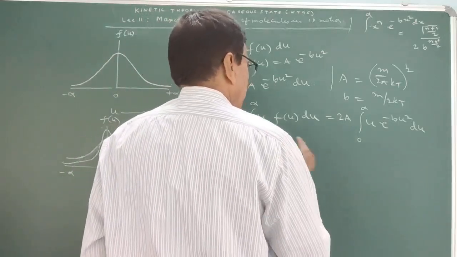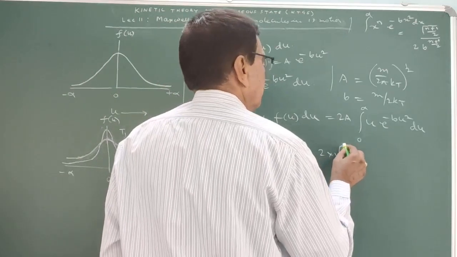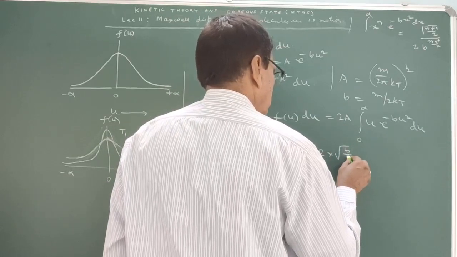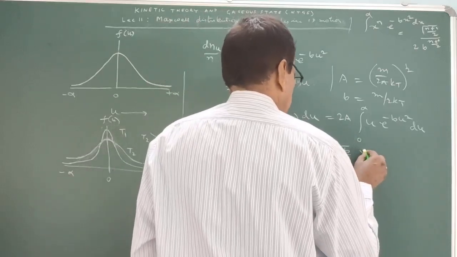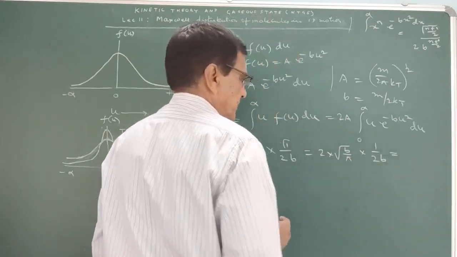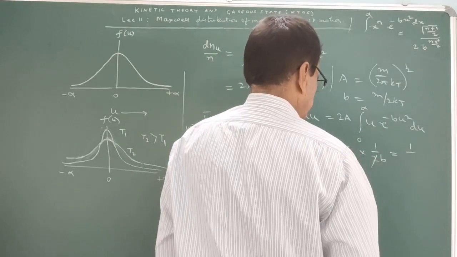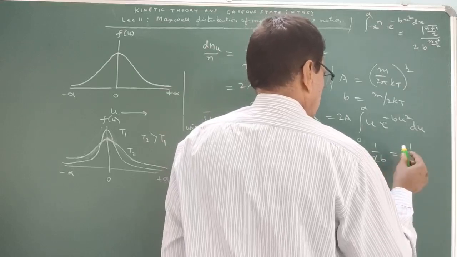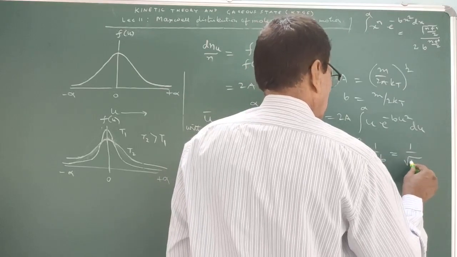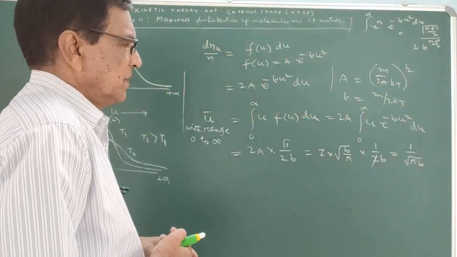So putting the value of a, 2 into root over of b by pi, and into 1 by twice b, and this is equal to, 2 cancels, and 1 by root over pi b, root over 1 by pi b.